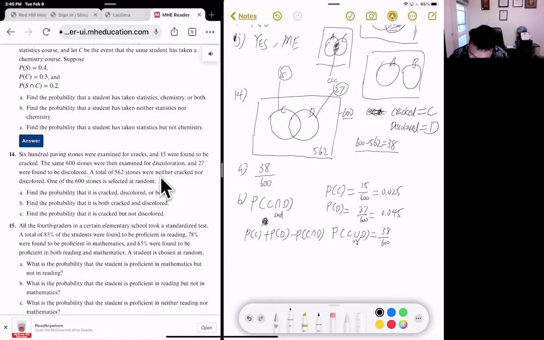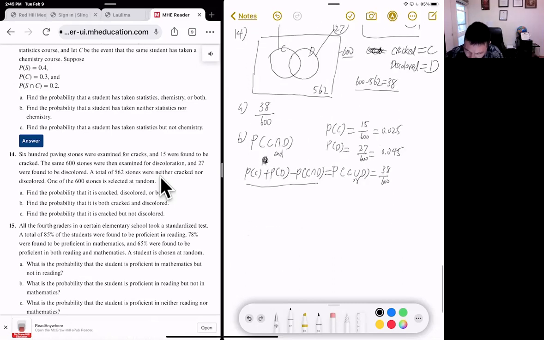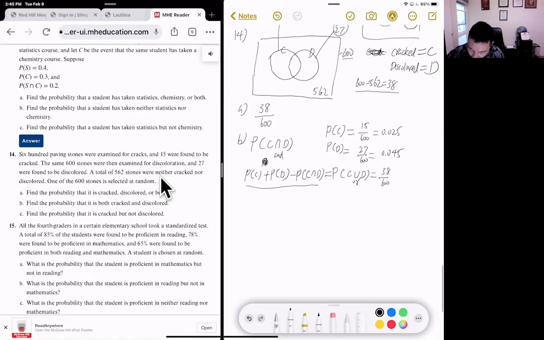So this part, P of C plus P of D minus P of C and D, is equal to P of C or D. That's one of the equations we learned in chapter 2. For the physical meaning, we again use the Venn diagram.